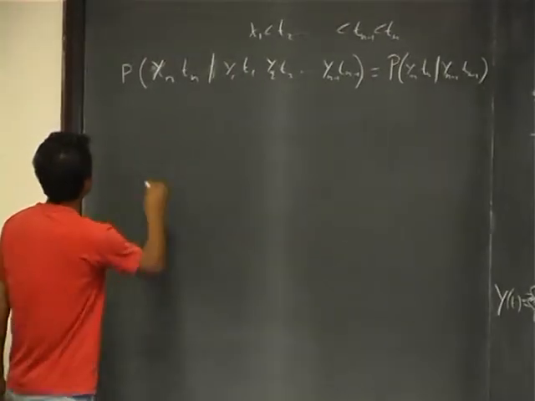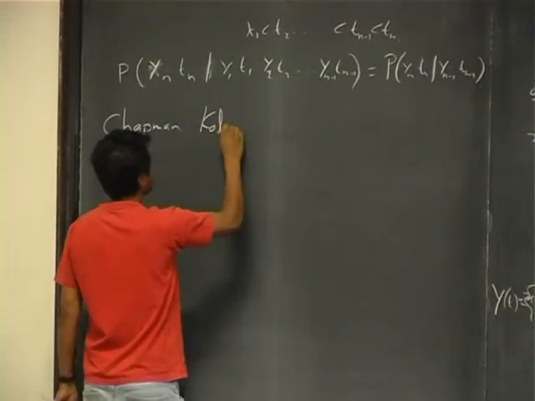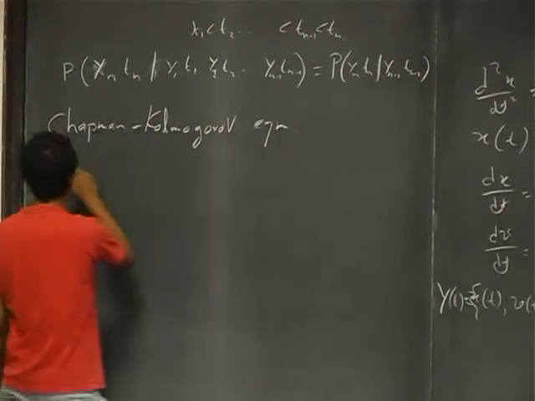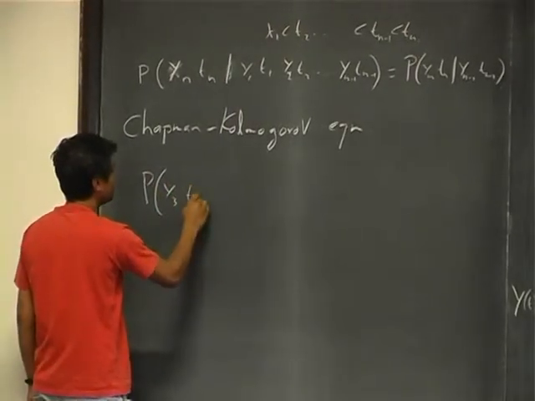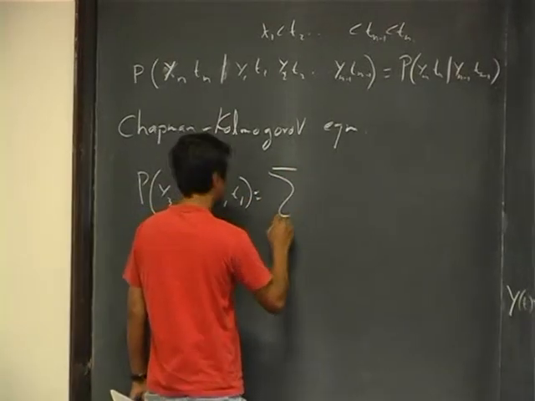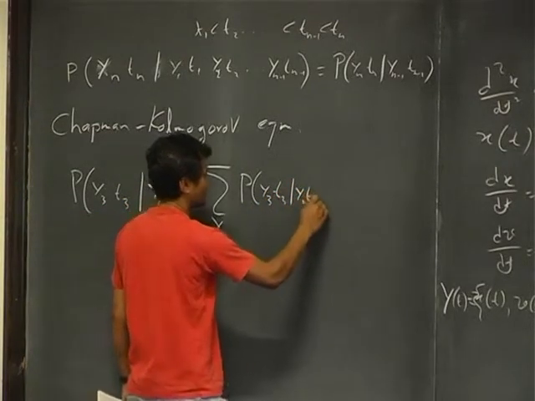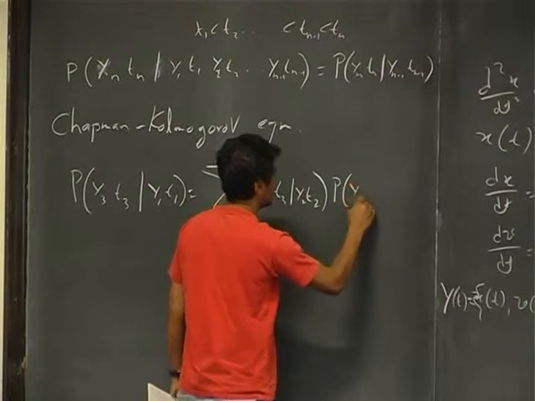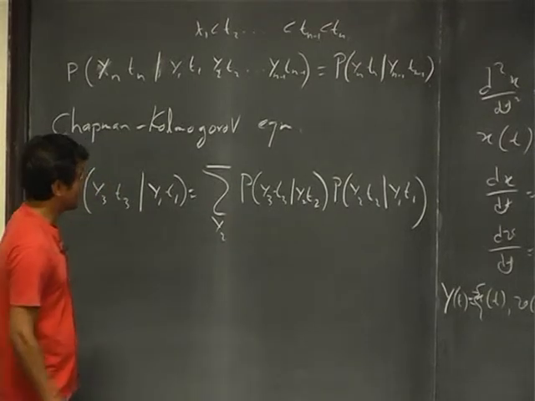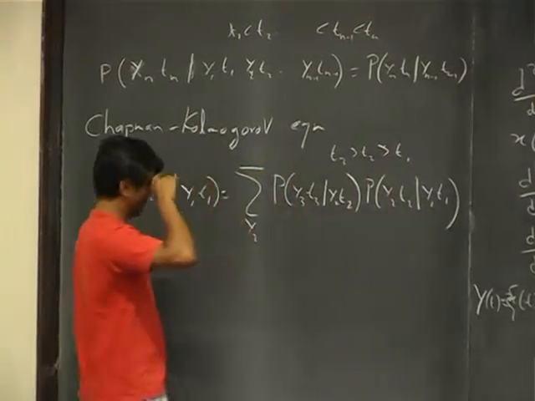Okay, so then we defined the Chapman-Kolmogorov equation, which basically says that P of, let's say, y3, t3 given y1, t1 is equal to the integral over y2 of the product of the two transition probabilities, and again here t3 is greater than t2, which is greater than t1.